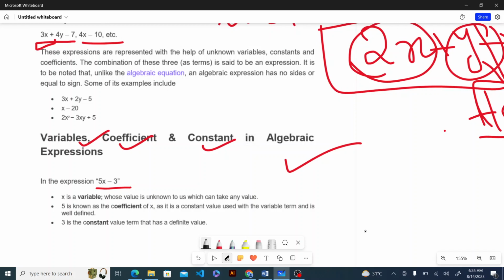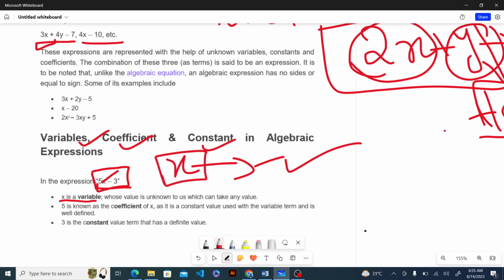This is the algebraic expression 5x minus 3, and here x is variable, whose value is unknown to us, which can take any value. Variable's value is unknown until we find it out. We don't know what will be the value of x, whether it will be 0, 1, 2, 1000, or what else. Until we find the value of x, it is unknown.